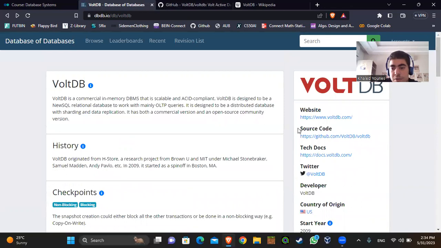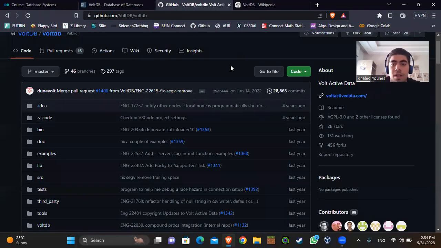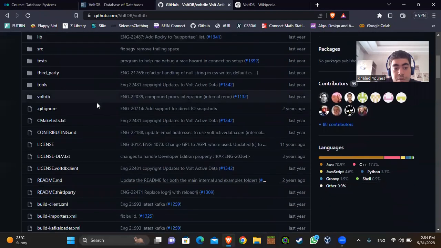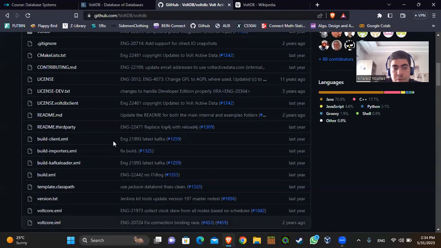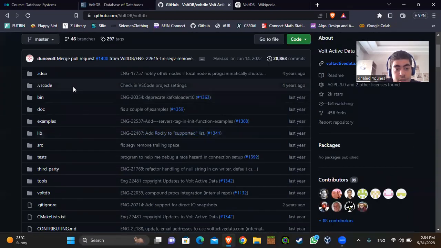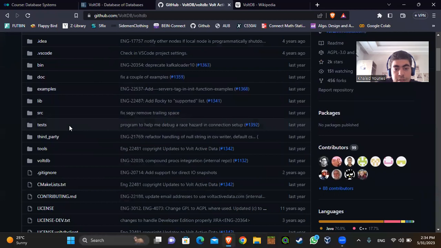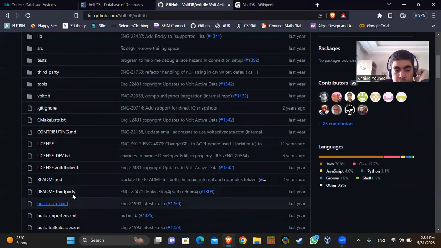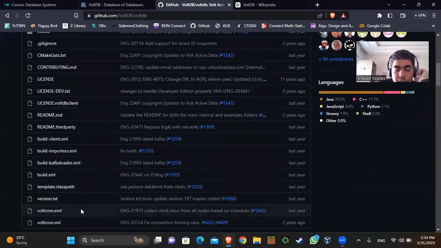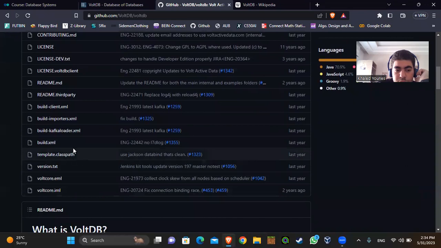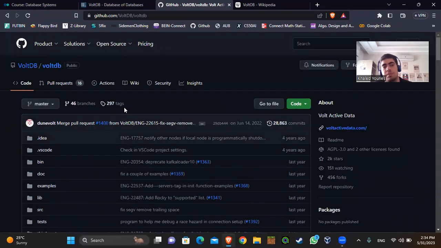As you see here, this is the source code on GitHub. These are all the sources and code, every piece of information you need about the code of VoltDB. As you can see, there's the source here, there are some tests. This is the VoltDB itself here, licenses, important notes, versions, history, everything you need is on this GitHub page over here.